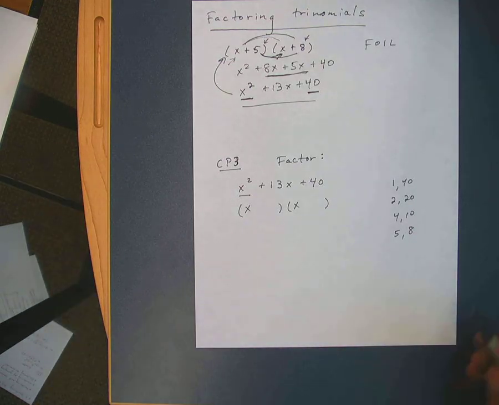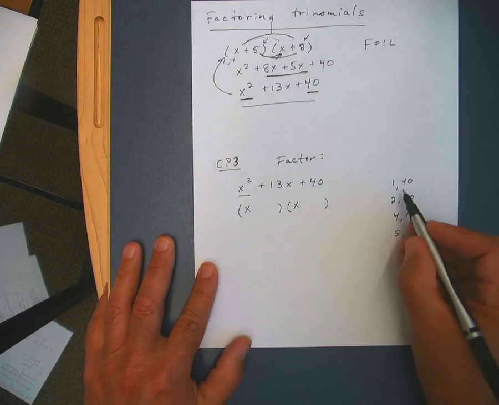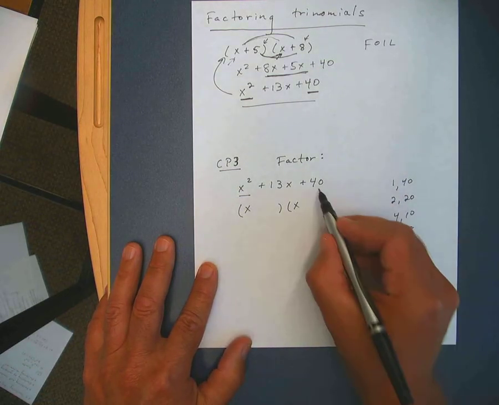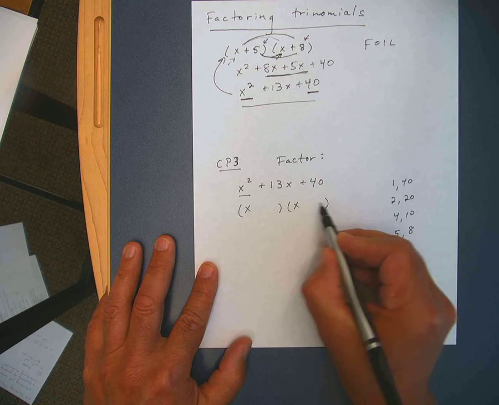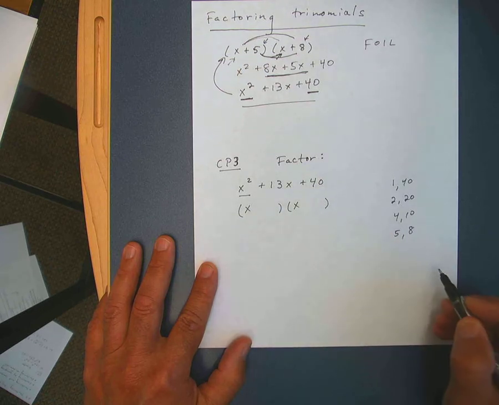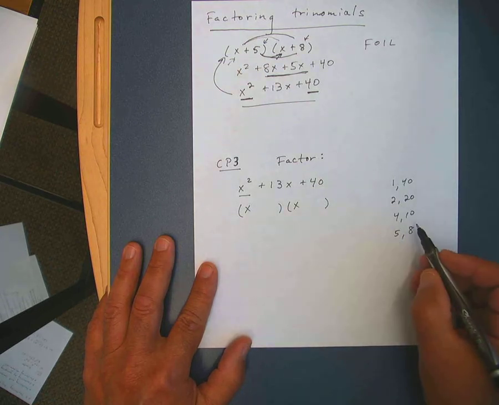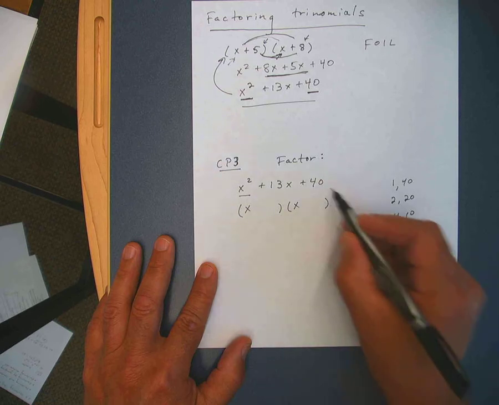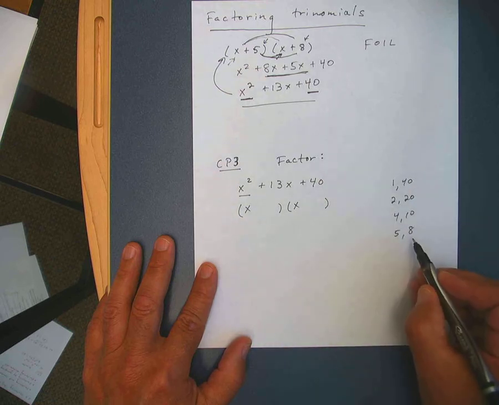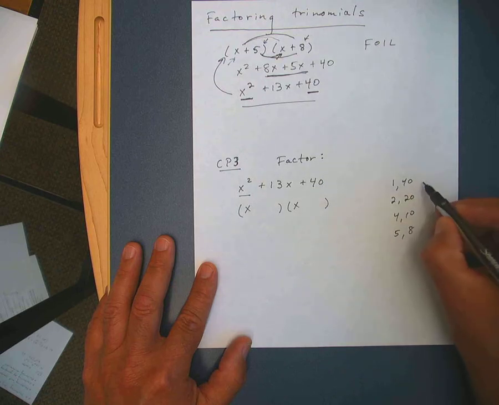So we want to look through those factors of 40, because we know we're going to get the 40 by multiplying the last terms out. We want to look for two numbers that multiply to give 40, which all these do, but add up to give 13. And if you go down the list, you can see these don't add to 13.